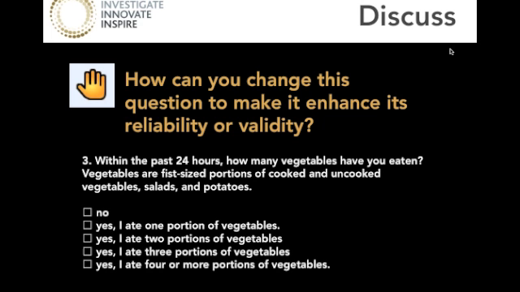I may have something else as a definition, but I'm not sure what that would be. To me, it doesn't look like a proper definition. And secondly, 24 hours is not a good time period, because maybe over the last 24 hours this person was traveling and just didn't happen to find any vegetables to eat, unfortunately. Okay. So how would you change the question?